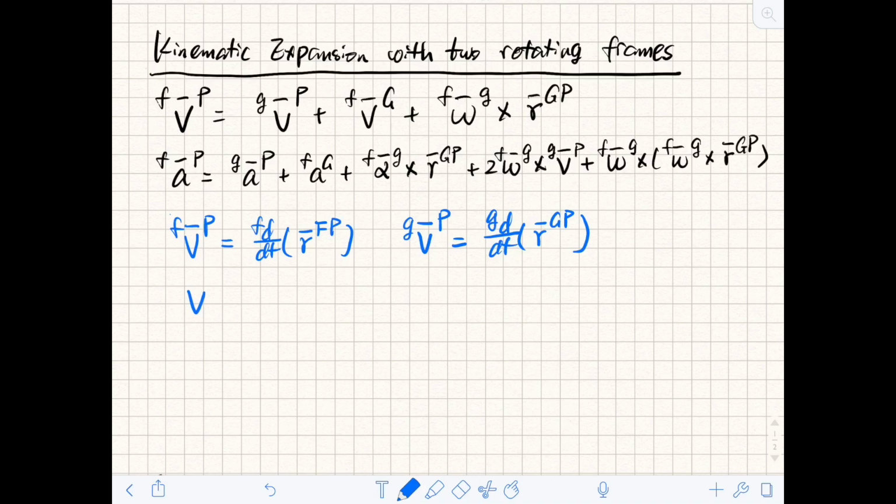And similarly, for the third term, the velocity of G in F is equivalent to saying we're finding the velocity of the position vector from a point fixed in F to that G point.